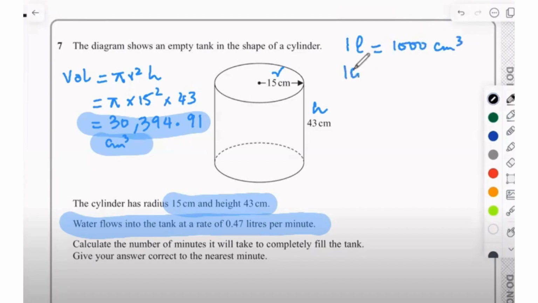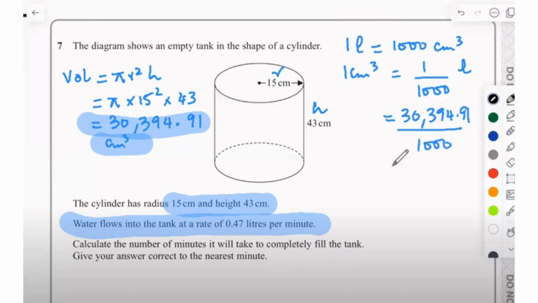So 1 centimeter cubed is 1 over 1000 liters. So we do 30,394.91 divided by 1000, and that's going to be 30.39 liters.